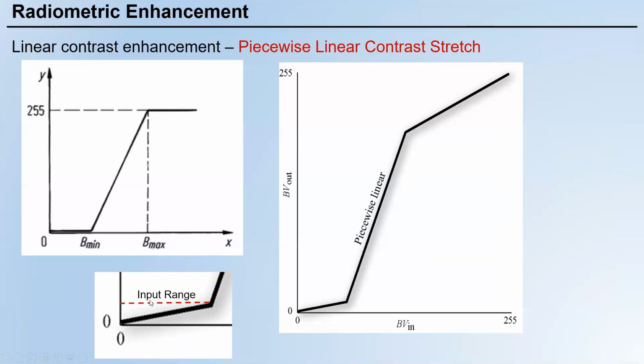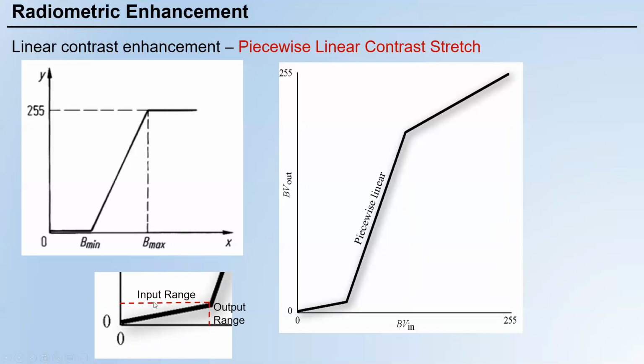And it's horizontal, okay, because X is for input image pixel values, right? So this is the input range. But where is the output range? Y is for output range. So you can say this vertical dash line here is for output range. If you compare input range and output range, the output range is even narrower than the input range.